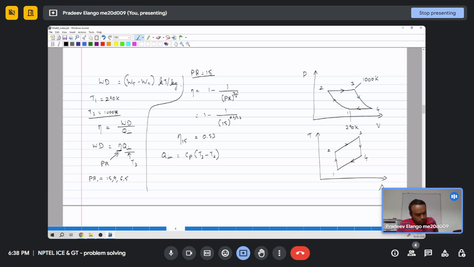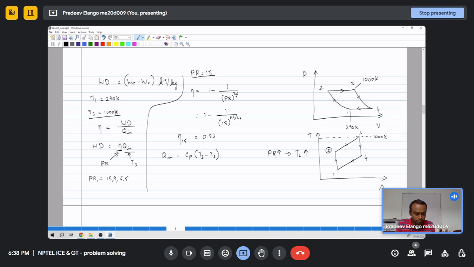Now higher pressure ratio means that T2 will be higher. Pressure ratio high implies T2 also goes high. If T2 goes high, T3 is already limited to 1000 Kelvin. Then I will have only less Q in that is possible, right?